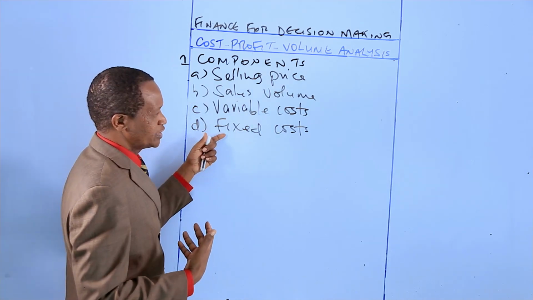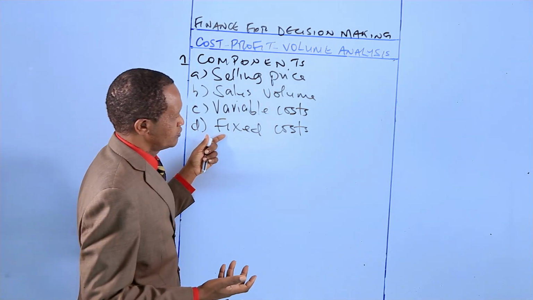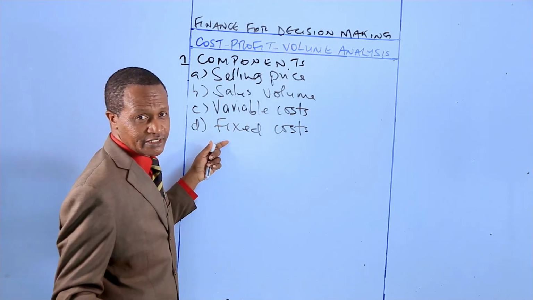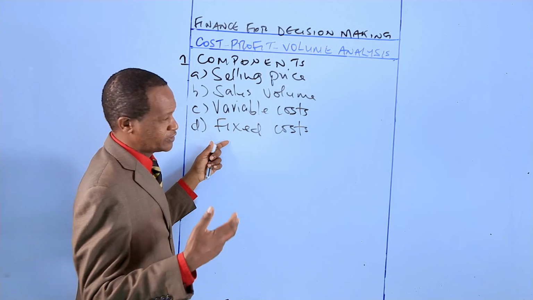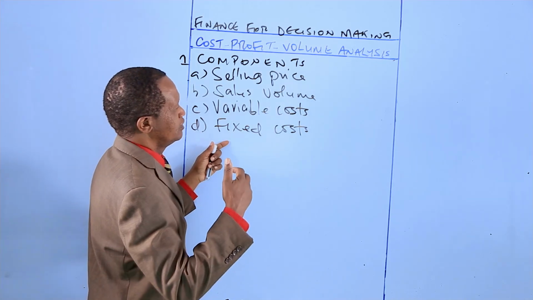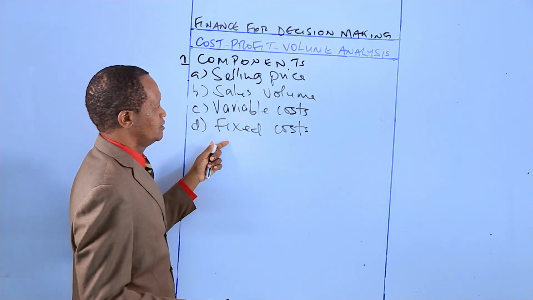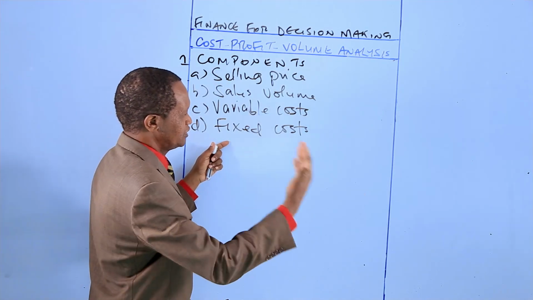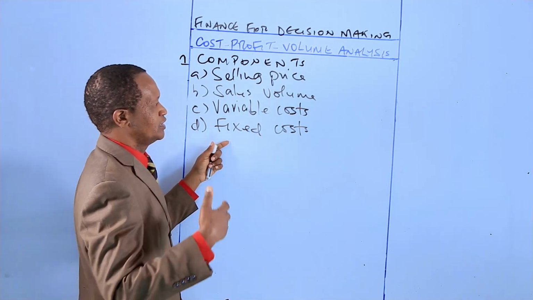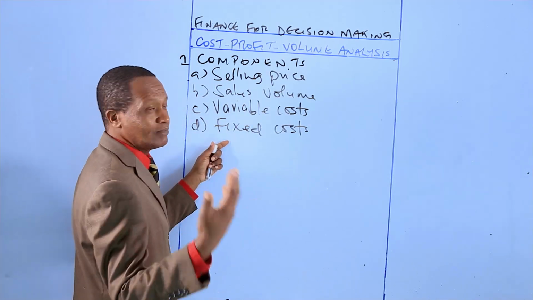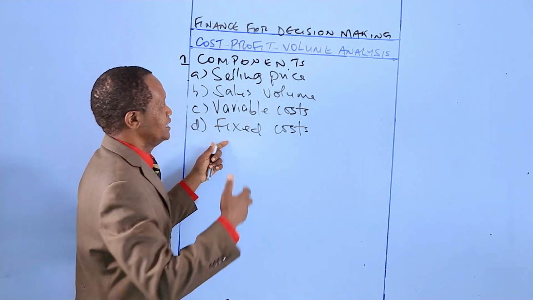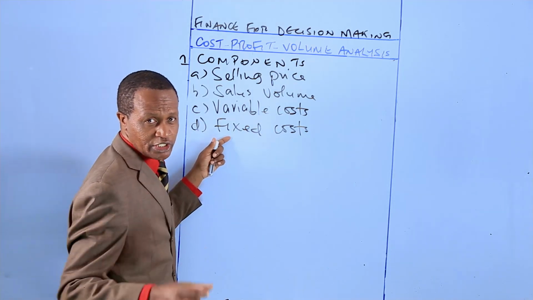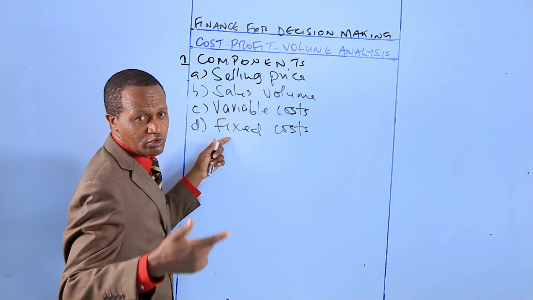So there are costs that don't change with the change in the sales volume. Another example is salaries. If you have staff that you are paying 500,000 per month, it is fixed at that. It does not matter whether the sales are increasing or reducing. That amount has to be paid whether the company is selling or not. So fixed costs are costs that do not change with the change in the level of production.